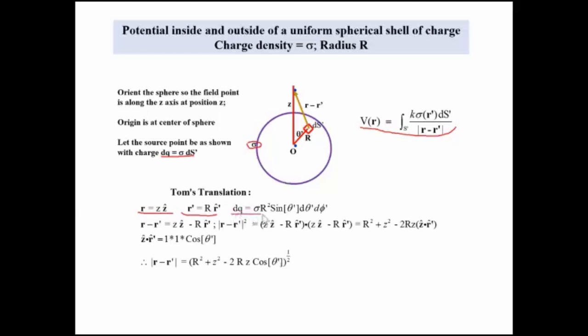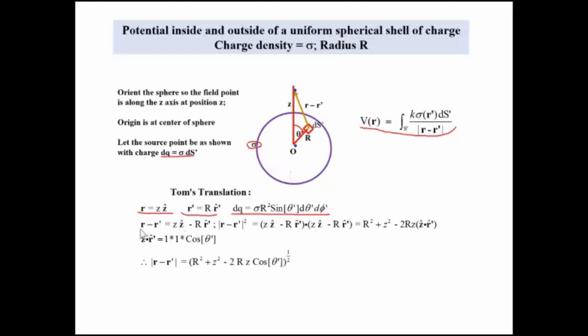The dq is equal to sigma ds prime, and ds prime for a sphere with constant radius r is r squared sine theta prime d theta prime d phi prime. Here's theta prime with respect to the z-axis, theta prime from z to r prime. Phi is just the angle in this direction here. We're not going to have any dependence on phi, so that'll make it easy to integrate.